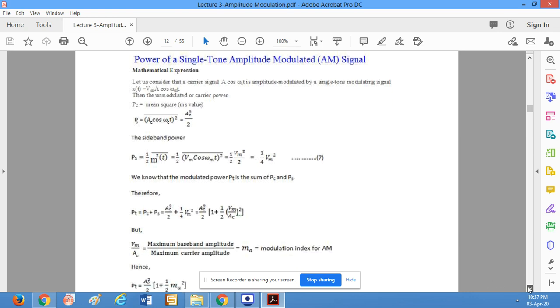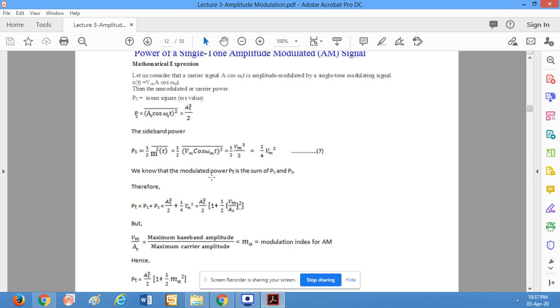Now we have the total modulated power. The total modulated power is the power containing the sidebands and the carrier. In the AM modulated wave, we have the two sidebands and the carrier. So we define PT as the total modulated power. It is given as Pc plus Ps, that is equal to Ac square by 2 plus 1 by 4 Vm square.